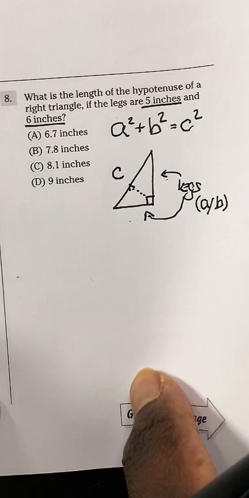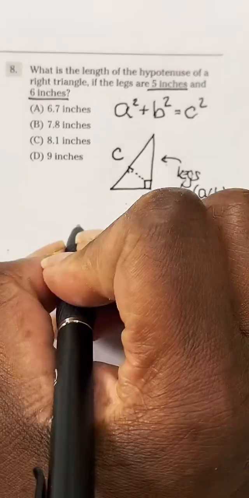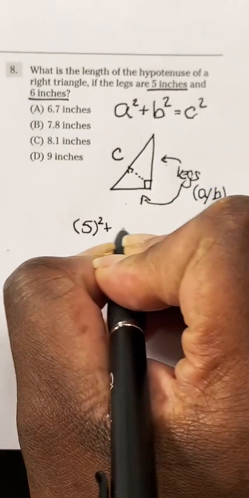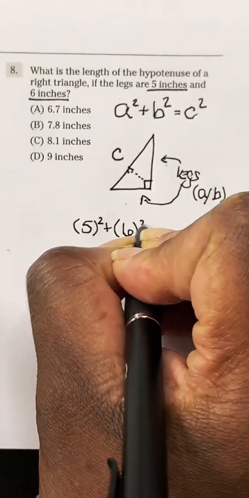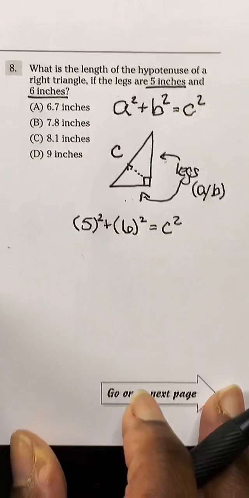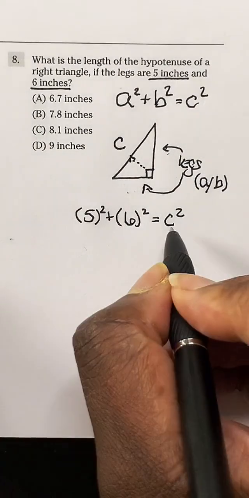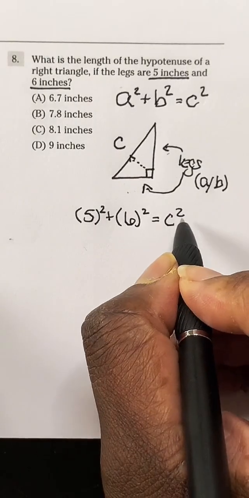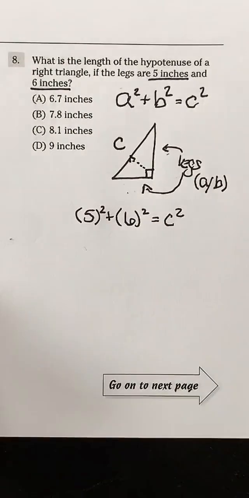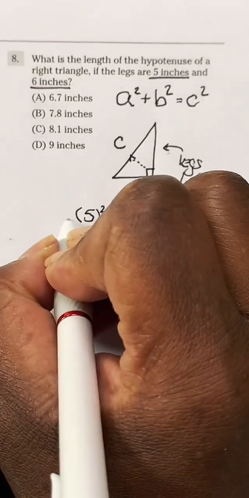So if I'm plugging it into our lovely little equation, we have 5 squared plus 6 squared equals our hypotenuse squared. Now, in order to get C by itself, I have to do the opposite of the square. And the opposite of a square is called the square root.